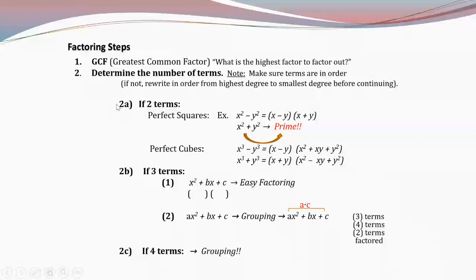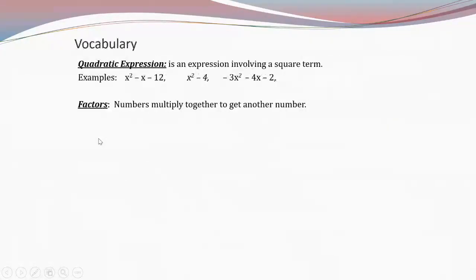After step 2, you go to 2a: if you have 2 terms, it's either going to be perfect squares or perfect cubes. If you have 3 terms, it's going to be either the x squared plus bx plus c form or the ax squared plus bx plus c form. And if it's 4 terms, it's going to be by grouping. So I'm going to show you how to factor in any different way by following these steps here.